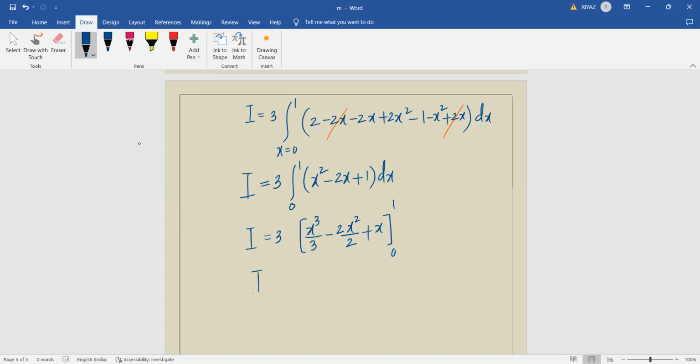I is equal to 3 times, substituting the limit, the upper limit gives 1 by 3. The 2 and 2 cancel, minus 1 plus 1. Lower limit is already 0. So 3 times 1 by 3, the 3 cancels. The answer is 1. This is the end of this problem.